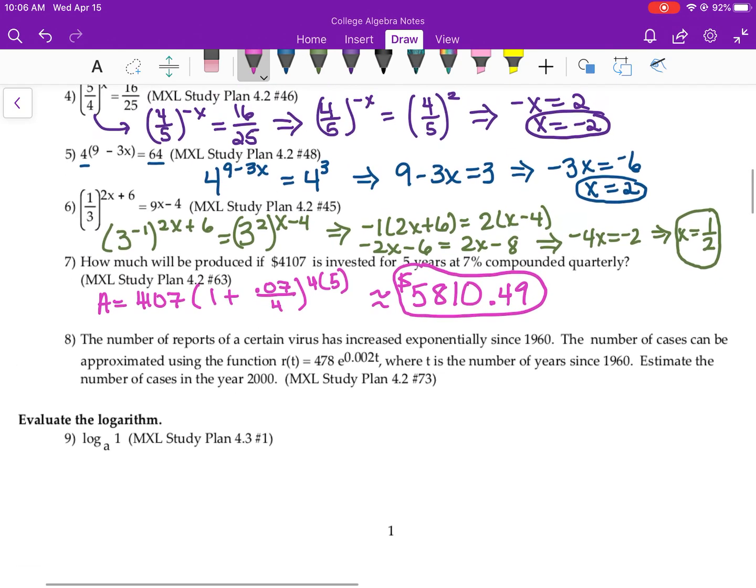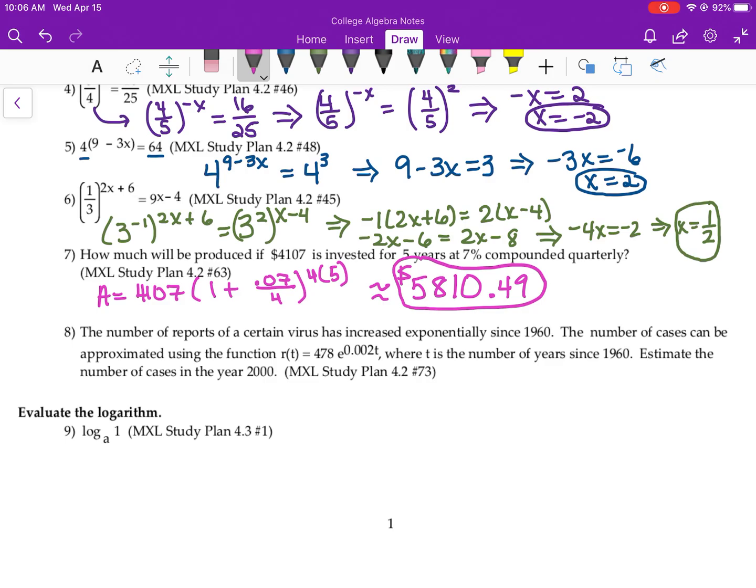Number 8. The number of reports of a certain virus has increased exponentially since 1960. The number of cases can be approximated using this function, where t is the number of years since 1960. Estimate the number of cases in 2000. So we're finding the amount 40 years after 1960.